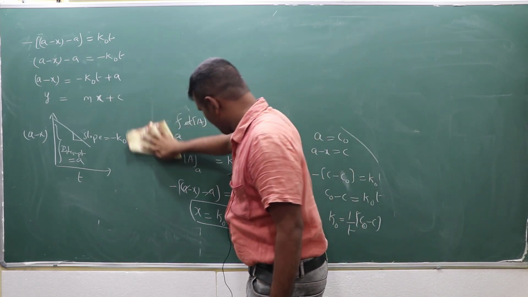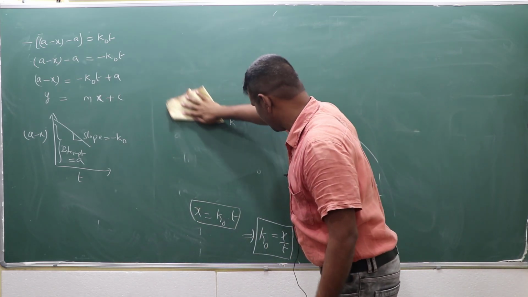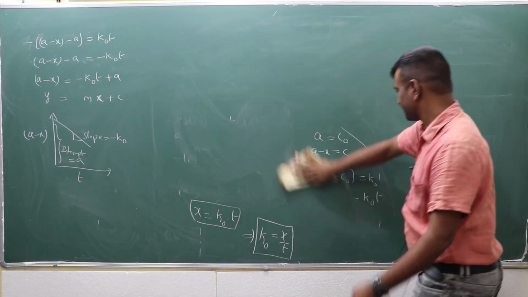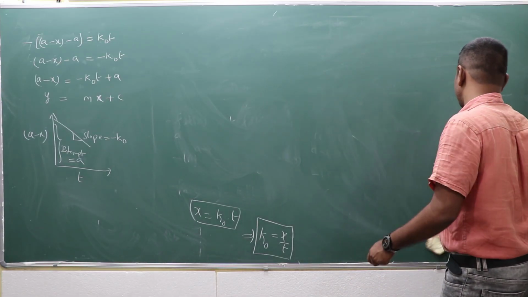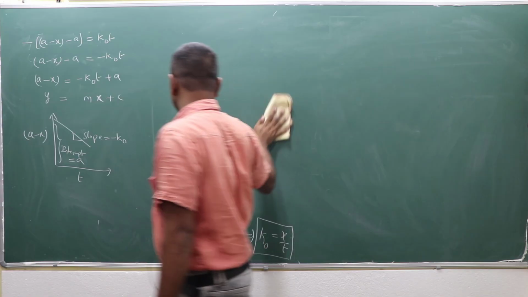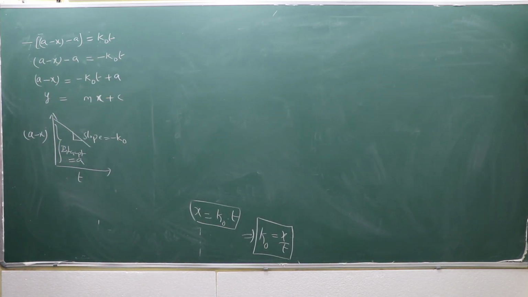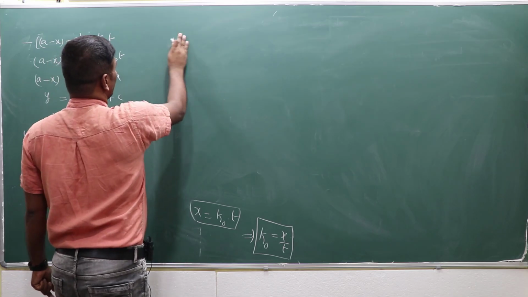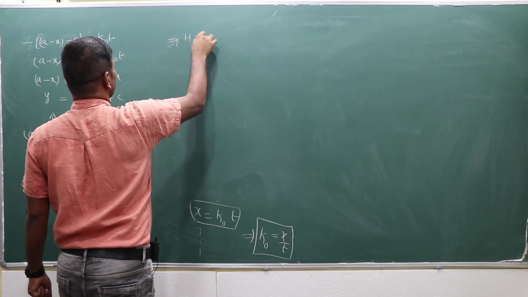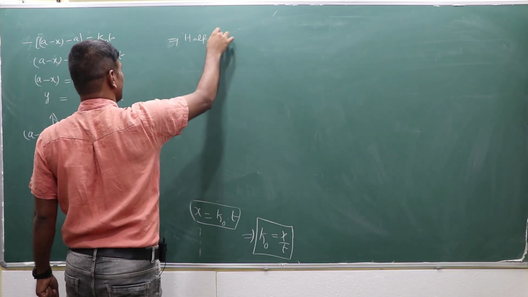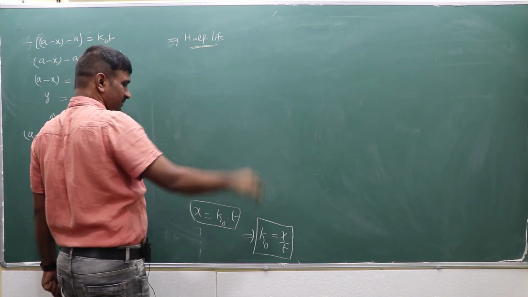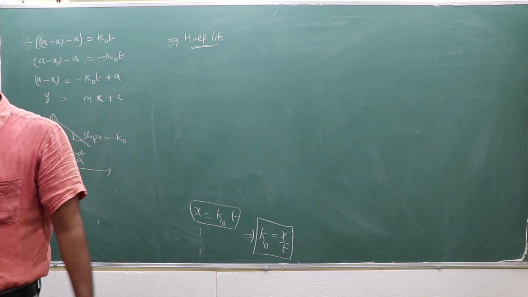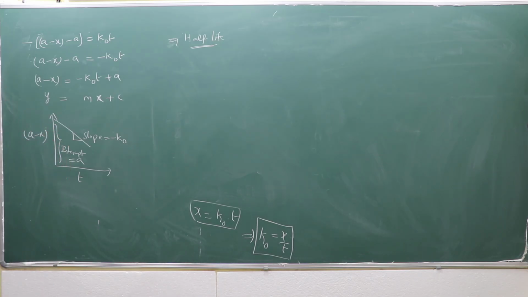So you know that x is equal to K naught into T, or K naught is equal to x by T. In the zero order reactions, K naught is equal to x by T. Based on that, we have to calculate the half-life time, T half.